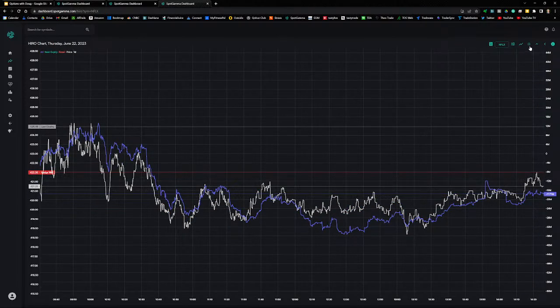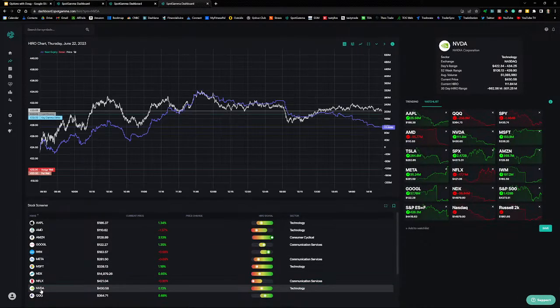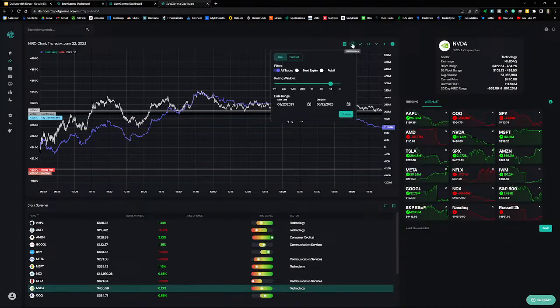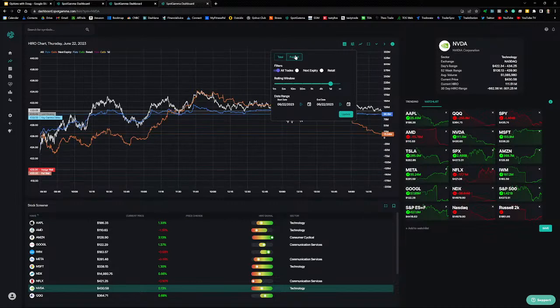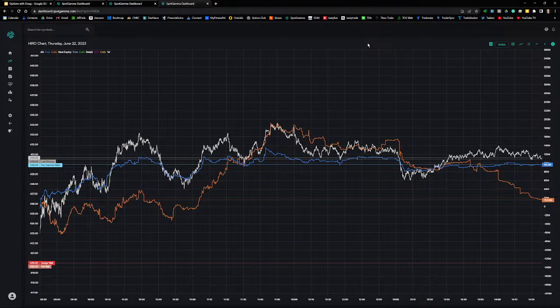All right, let's go to NVIDIA. So far today in NVIDIA, traders are selling puts and buying calls. Take a look in Bookmap.